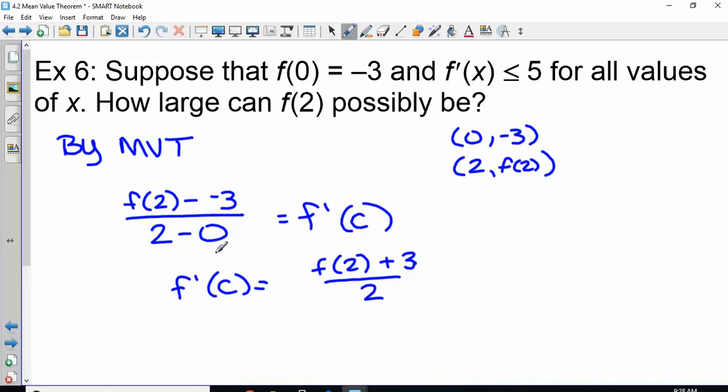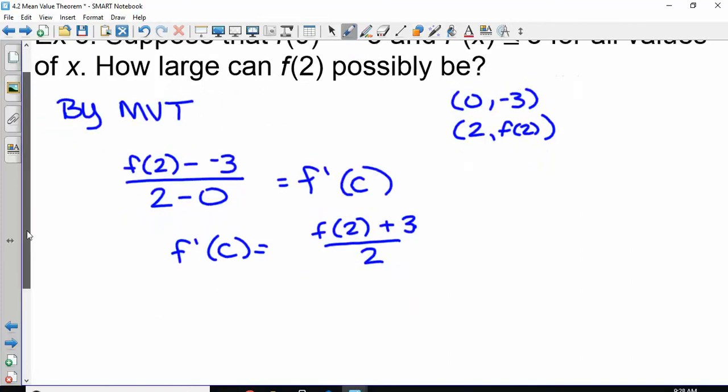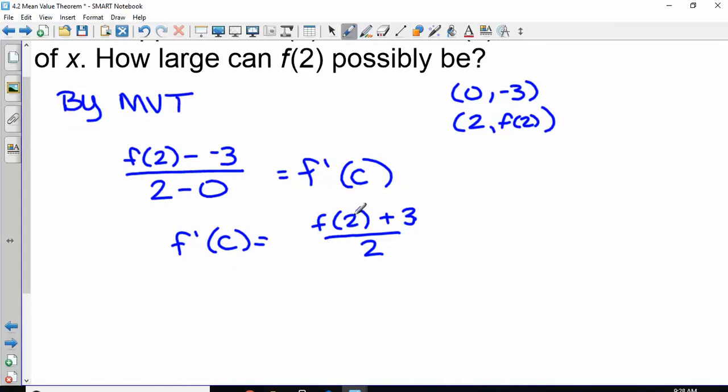But what's the biggest this value could be? 5. So if I'm trying to figure out the largest my f of 2 could be, would you agree I just need to pick my largest f prime of c? So if you're looking back at your notes while we're doing it, f prime of c has to be less than or equal to 5.